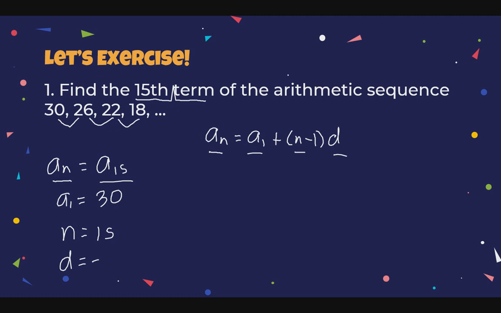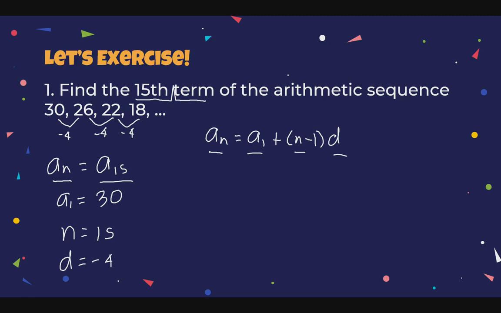Kapag ang arithmetic sequence ay pababa, ibig sabihin ang common difference ay negative. So dito, our common difference is negative 4. So we subtract and subtract and subtract just to make sure that we have a constant or common difference.